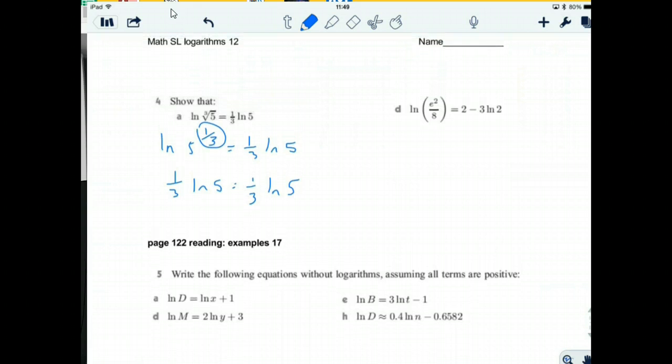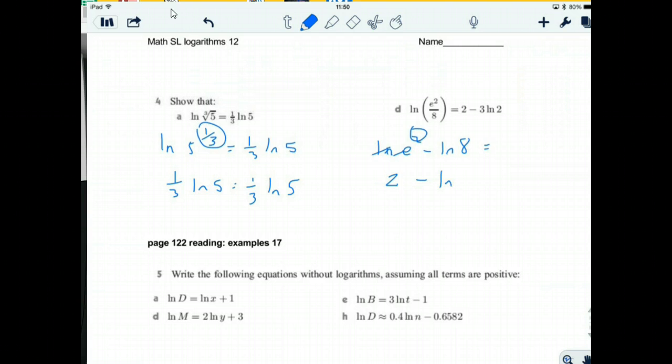That's true. Okay. Now we have natural log of e squared over 8. So that's the same thing as natural log of e squared minus natural log of 8, which is the same thing as, when you have an exponent here, you can multiply that up front, or you could just say, look, these undo each other, so the result is 2, minus natural log of 8.